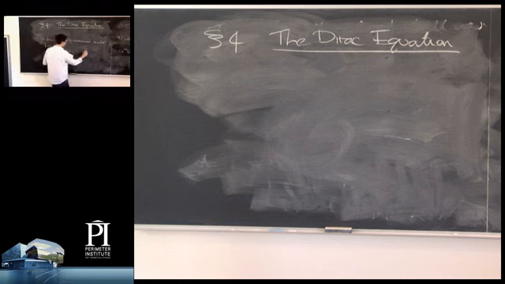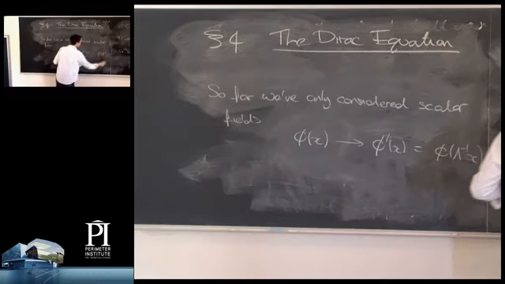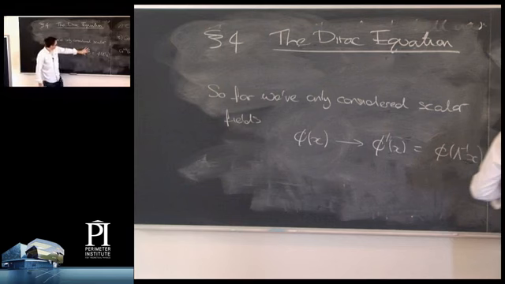Under a Lorentz transformation, basically what happens is under an active Lorentz transformation, the field just sort of rotates or boosts, and the new field is the old field evaluated at the point in space where you were before you did the active transformation. Okay? That's that lambda to the -1 there.